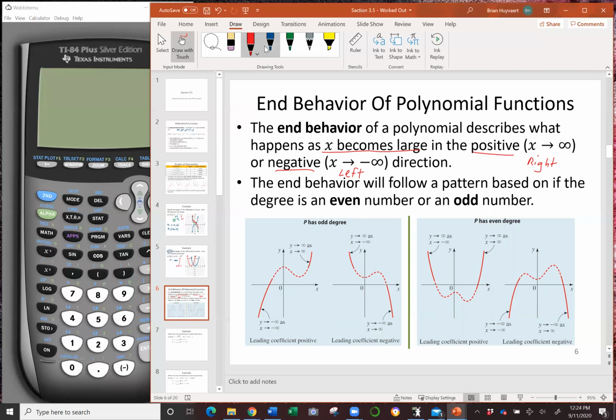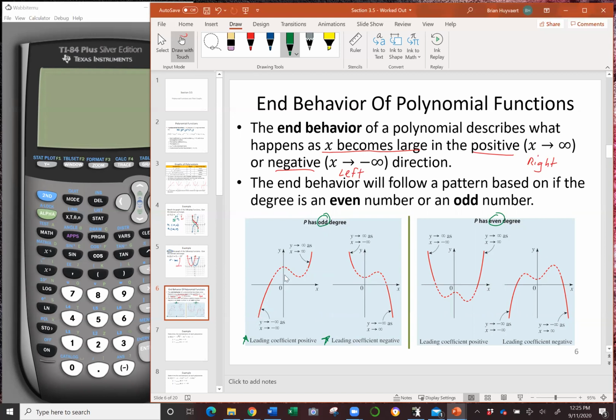And the nice thing is we can break this down in terms of even and odd degree. So if the highest power, that's our degree, is odd, then we have some very distinct conclusions that we can make. If it's an odd degree and the leading coefficient is positive, we have two different possibilities: leading coefficient is positive versus negative.